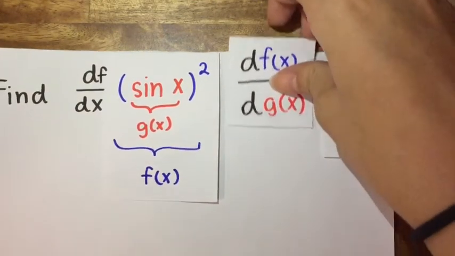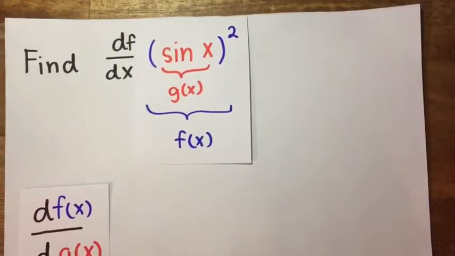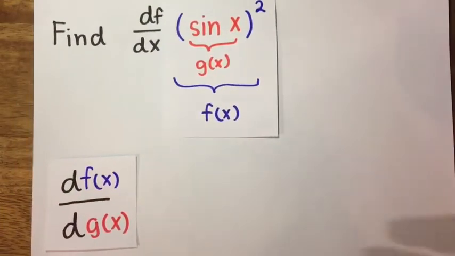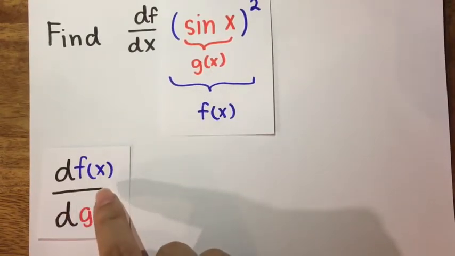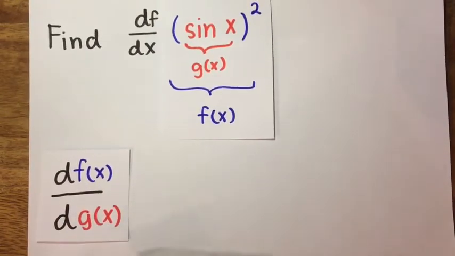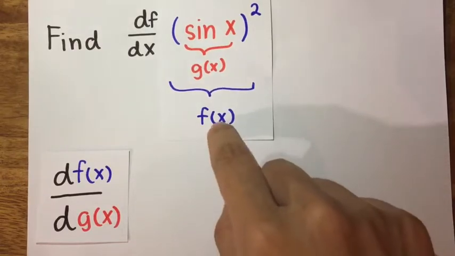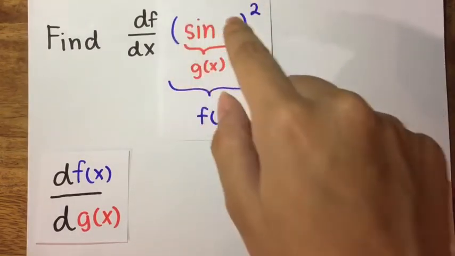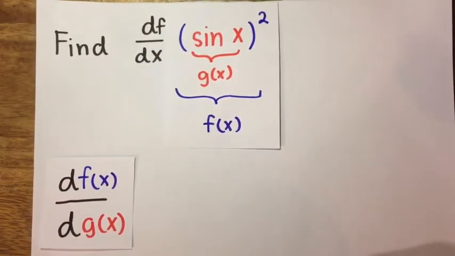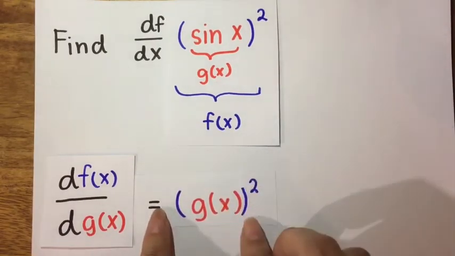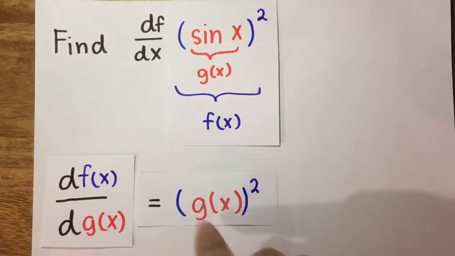So we're going to do it one by one. We're going to find the derivative of f of x in respect to g of x. So f of x is this whole thing to the power of 2. And again, we're going to use the power rule. The power rule will give you this. So g of x all to the power of 2.